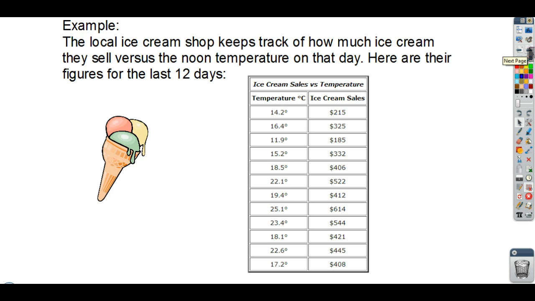All right, so here's an example, right? We have a local ice cream shop. They keep track of how much they sell according to how much the temperature is outside, right? Now this is using degrees Celsius, so it might not be as intuitive, but you can still see the temperature on the left and then the ice cream sales on the right.